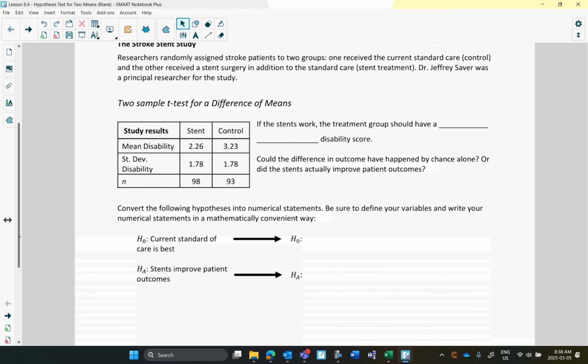So here's the study results for our sample. Okay. So if the stents work, the treatment group should have a lower average disability score. Just keep in mind in this example, lower is better.